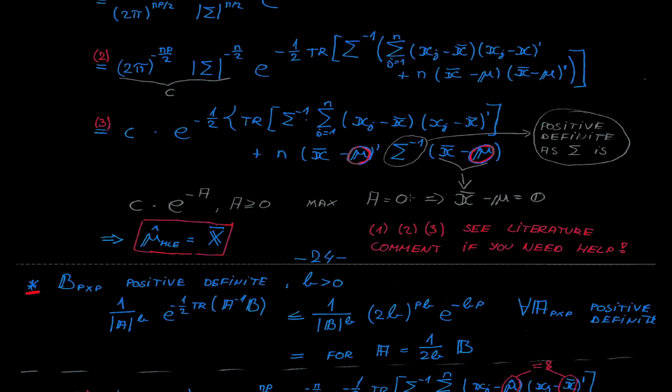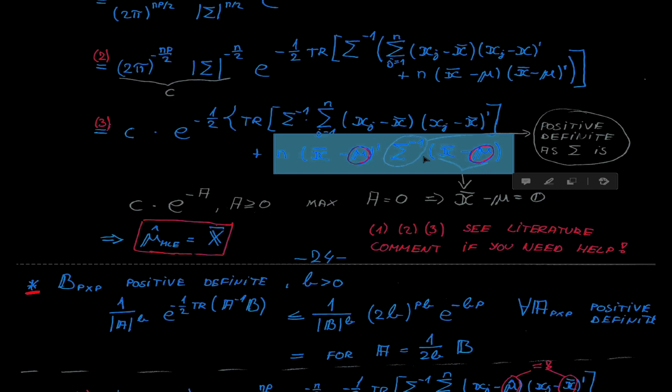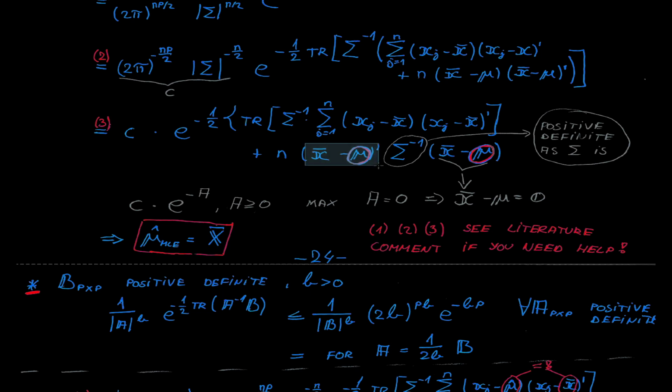You can always check this by finding derivatives and second derivatives to see if this is maximum or minimum, but this is obvious as this is an exponential function. So the maximum can be when this is 0, not can be but is when this is 0, and this is 0 only when this is 0, and this is true because this is a positive definite matrix.